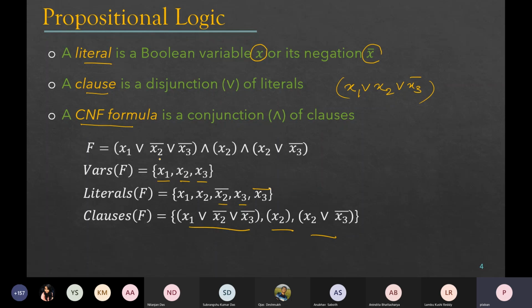So basically, you have three variables, but you might have, say, 3 multiplied by 2, that is 6 possible literals, taking care of the negative and the positive form of the variable, right? So our main focus would be to prove the satisfiability of a CNF formula.